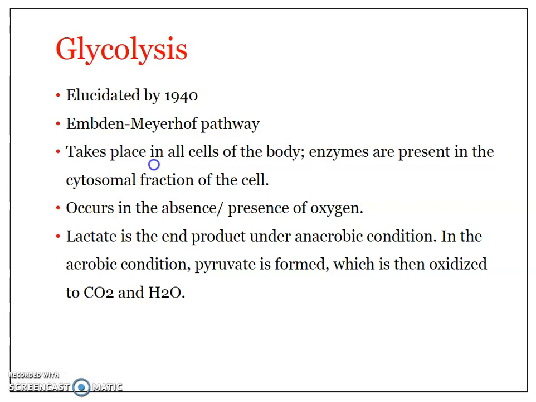In the presence of oxygen, the glucose molecule will be broken down into two molecules of pyruvic acid, and in the absence of oxygen, this pyruvic acid can get converted into lactic acid. Or even alcoholic fermentation is there in yeast and so on. So in the presence of oxygen, what happens? The pyruvate gets oxidized to form carbon dioxide and water.